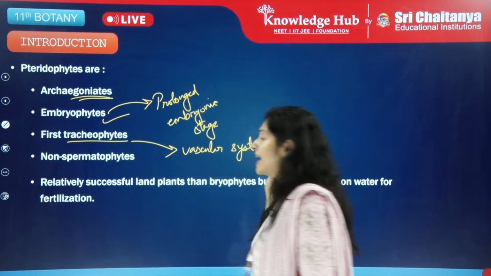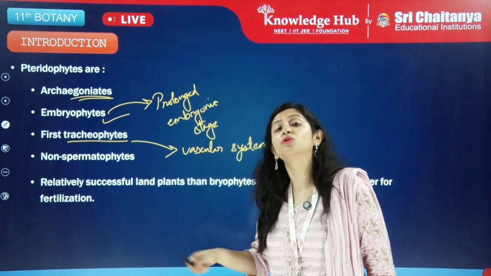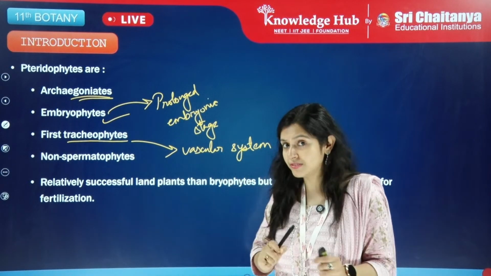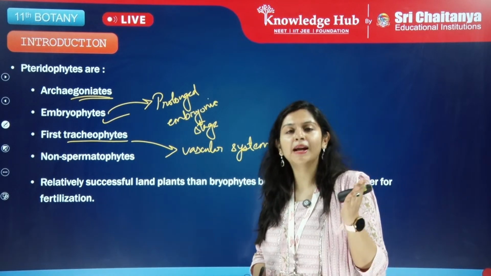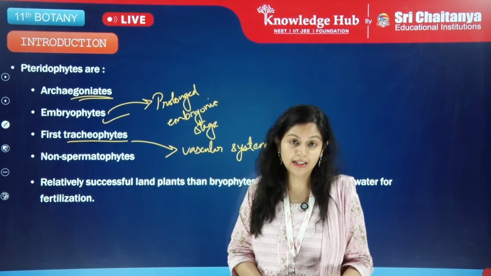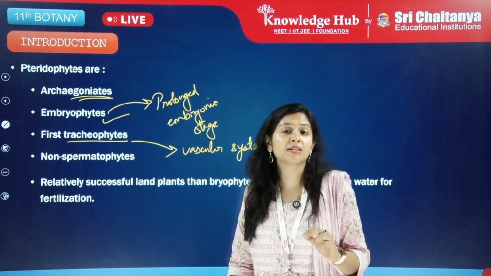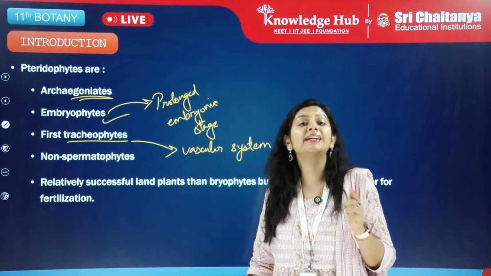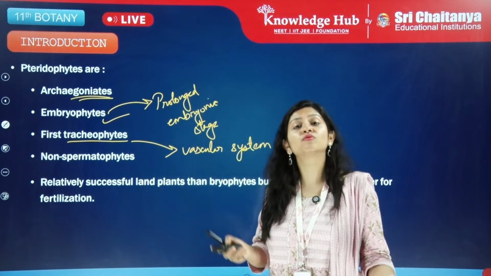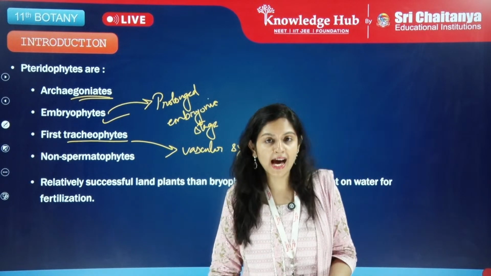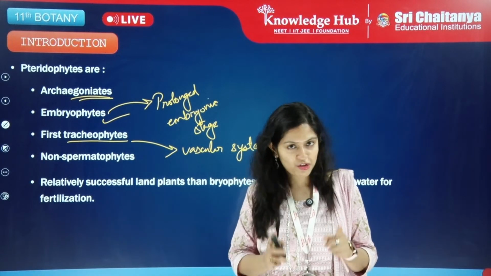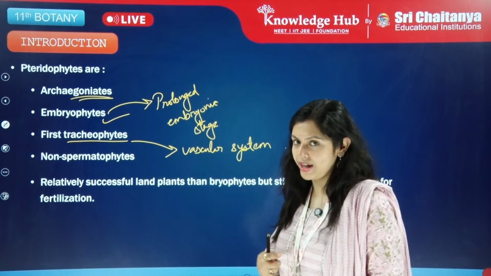Did you hear about any plants before the pteridophytes which had the vascular system? I guess no. In the bryophytes, as we have learned, we did not have any vascular system. But in pteridophytes, we do have the vascular bundles, and so we have the xylem and the phloem. Okay, let's see the next point.